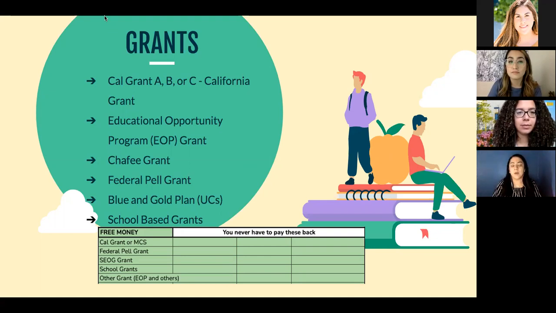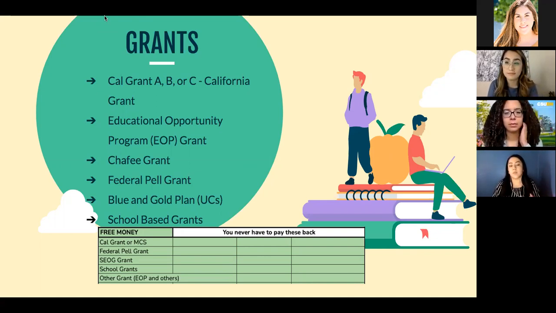Cal Grant A, sorry, requires a 3.0 GPA, and Cal Grant B requires a 2.0 GPA. It provides the same aid as a Cal Grant A, but you get an additional 1,656 for any other expenses. If you're eligible for both, you may see that you get a Cal Grant A at one school and a Cal Grant B at another school.